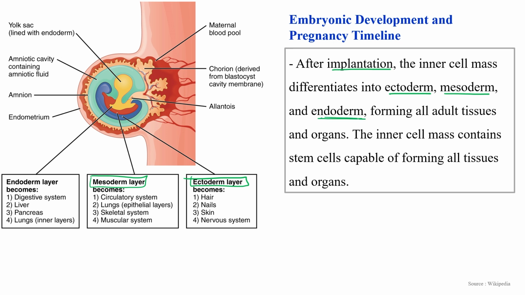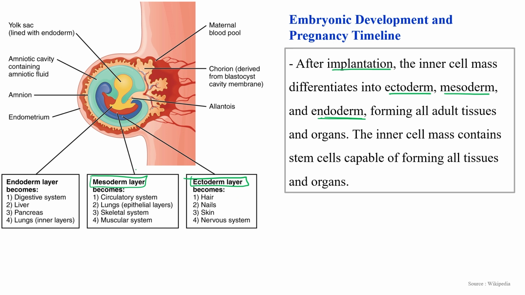These 3 layers form all adult tissue, all types of organs in the fetus. Okay, so the inner cell mass contains stem cells capable of forming all types of tissues. From ectoderm, parts like hair, nail, skin, nervous system will develop.